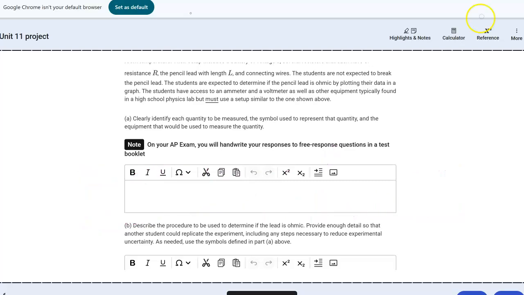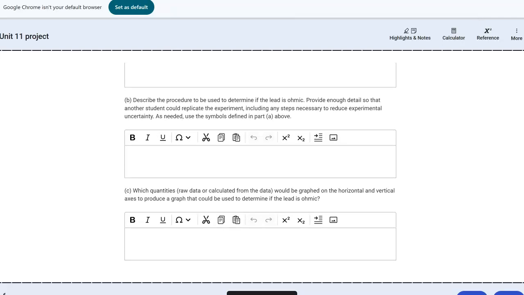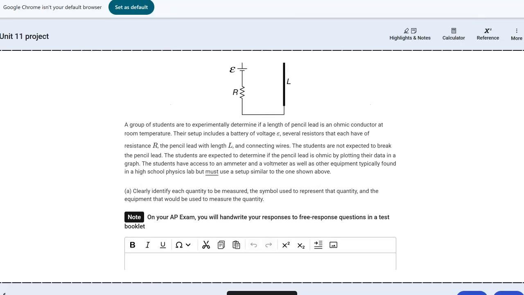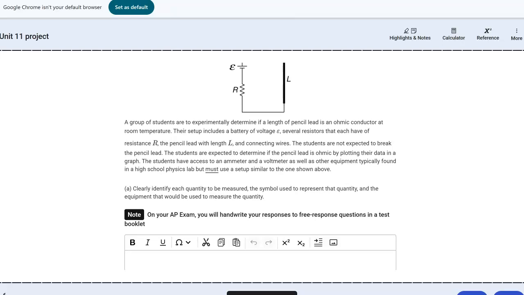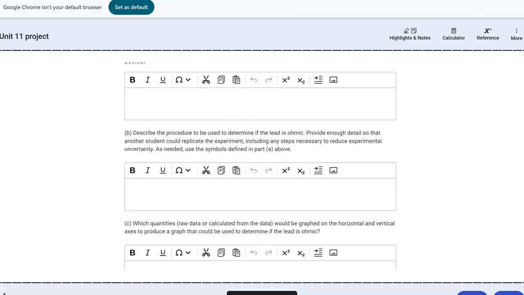And then to determine if it's ohmic, here's what I came up with.